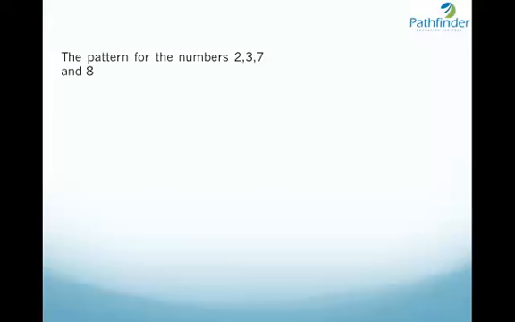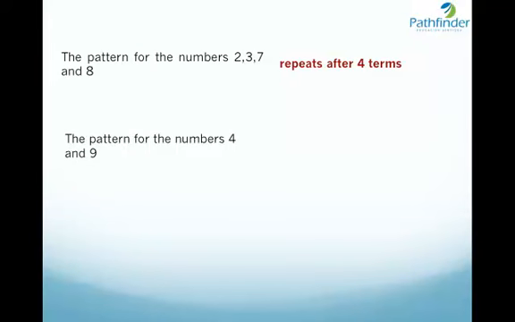The pattern of unit digits for the numbers 2, 3, 7 and 8 repeats after 4 terms, for any number which ends in 2, 3, 7 or 8. For any number that ends in 4 or 9, that means for any number whose unit digit is 4 or 9, the pattern would repeat after 2 terms.